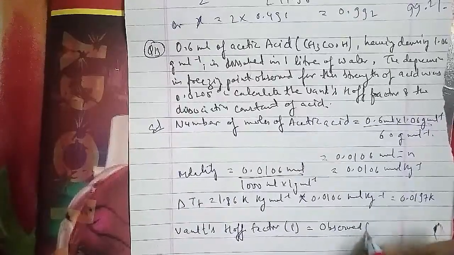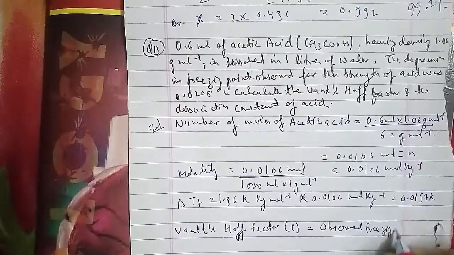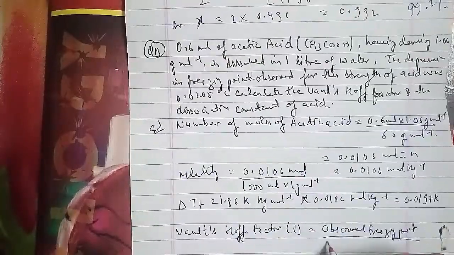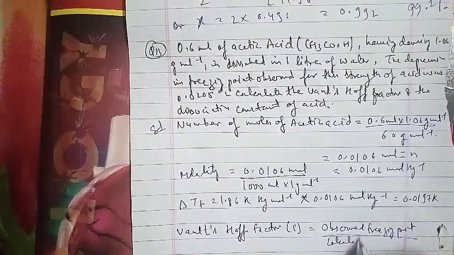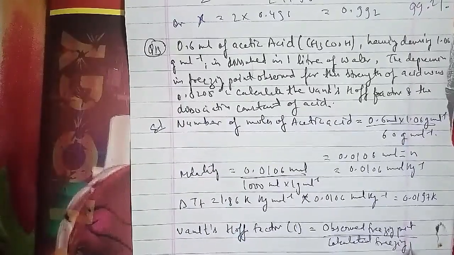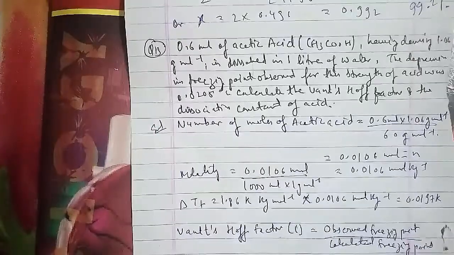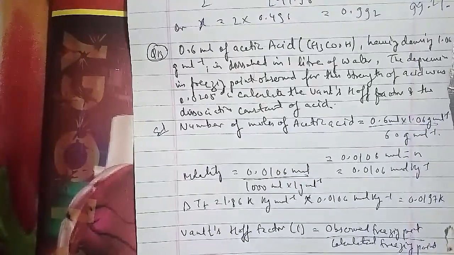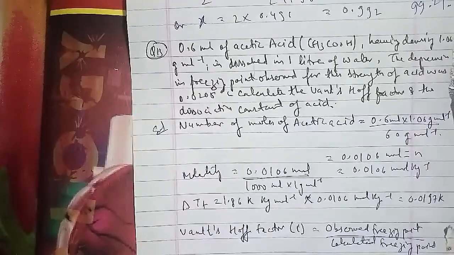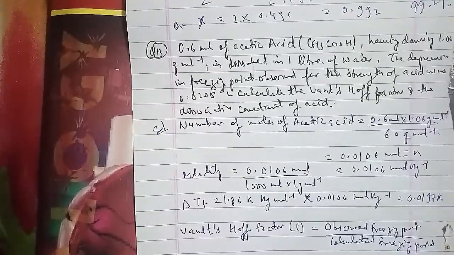Acetic acid is a weak electrolyte and will dissociate into two ions, acetate and hydrogen ions, per molecule of acetic acid. If x is the degree of dissociation of acetic acid, then we would have n(1 minus x) moles of undissociated acetic acid, nx moles of CH3COO minus, and nx moles of H plus ion.